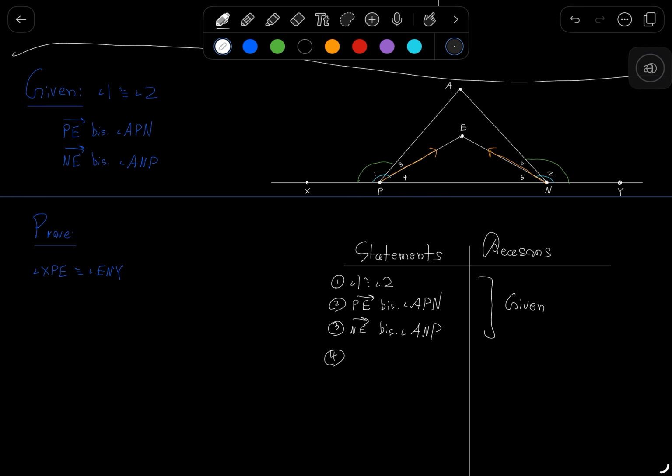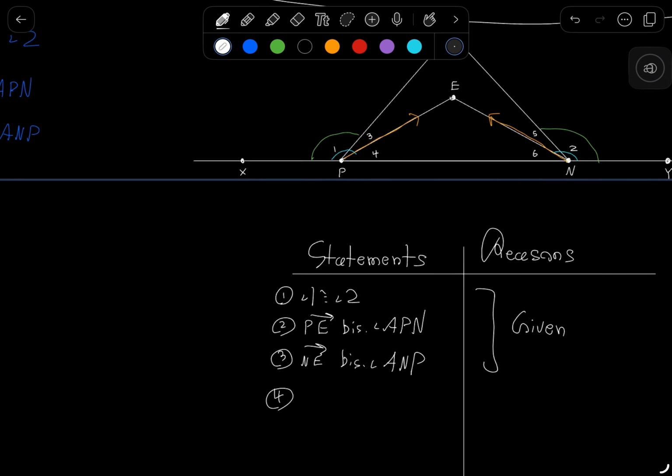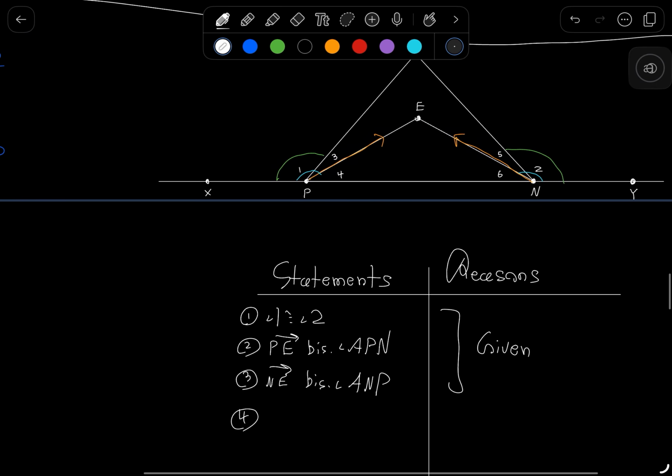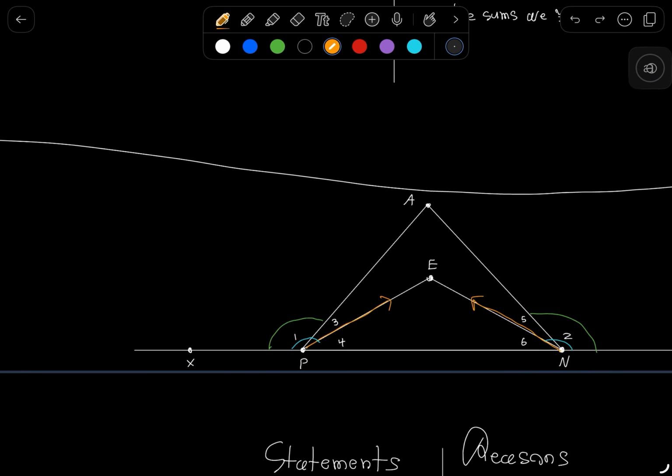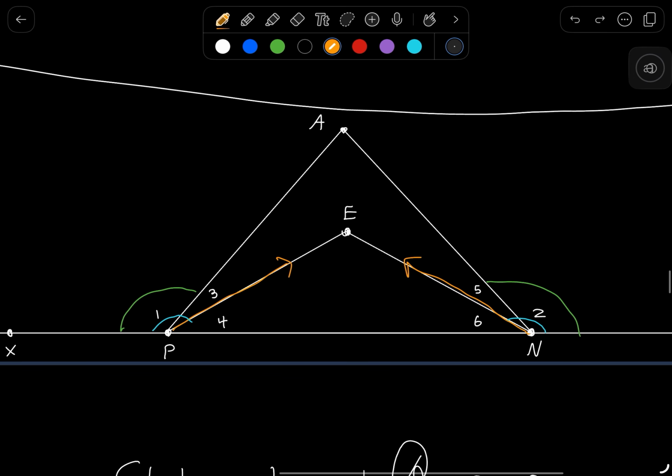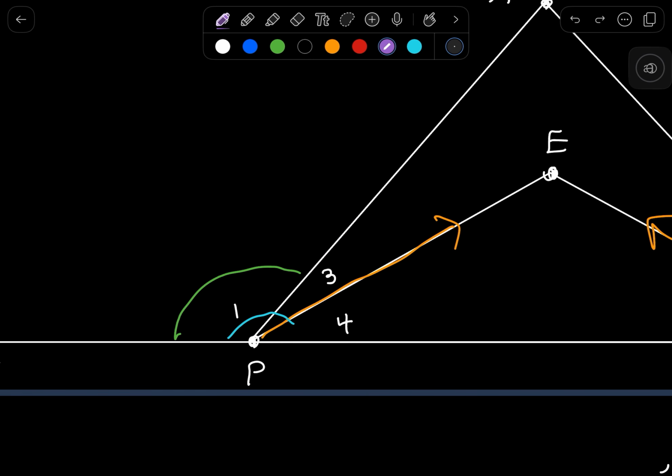So now, what can we conclude from those? Well, we have angle 1 is congruent to angle 2, right? But you'll notice that APN and ANP are located, if you look at the straight line, supplementary to angle 1.